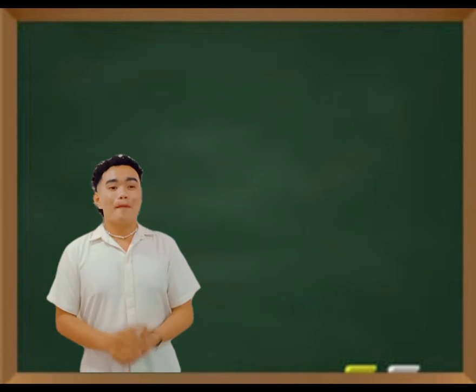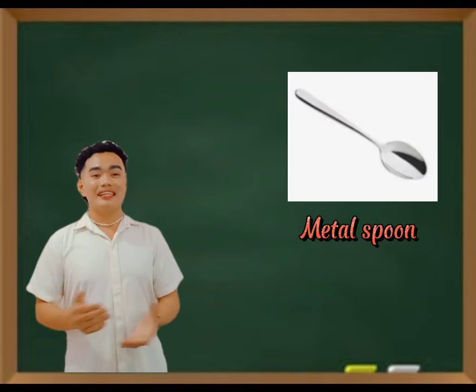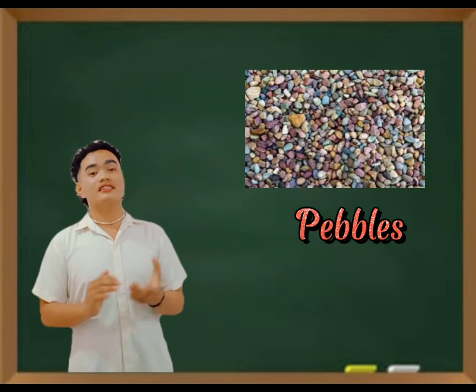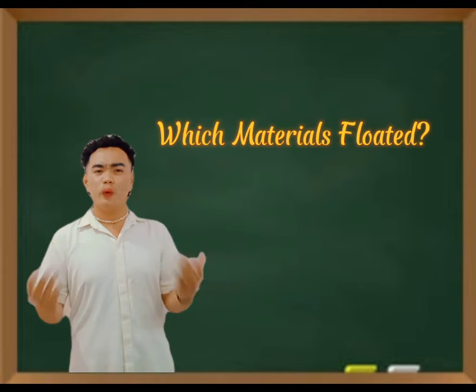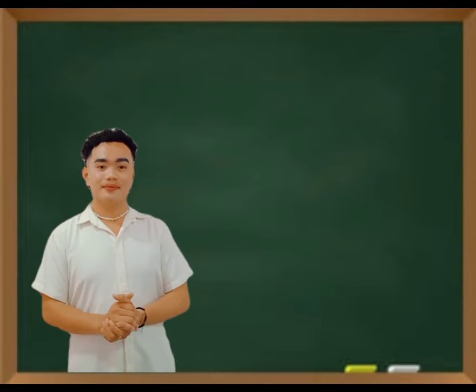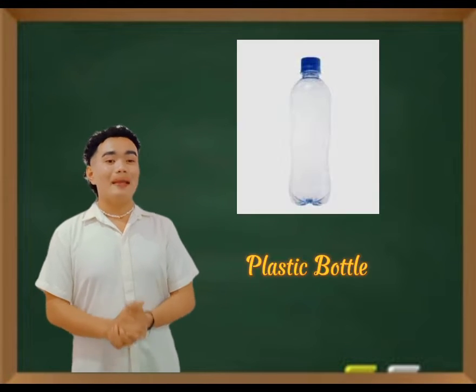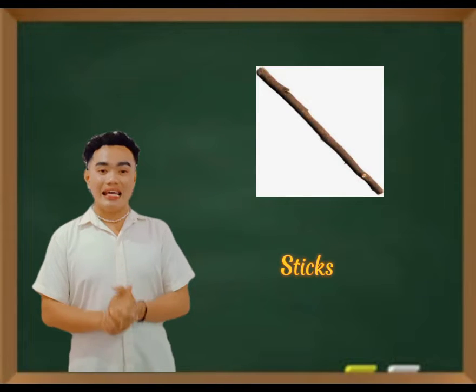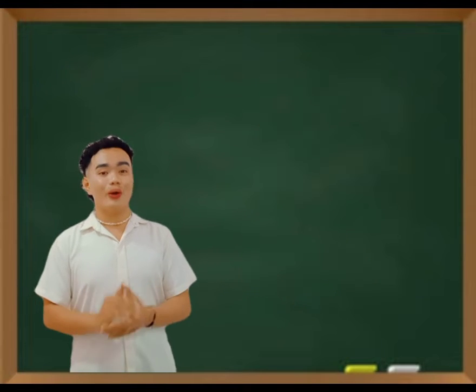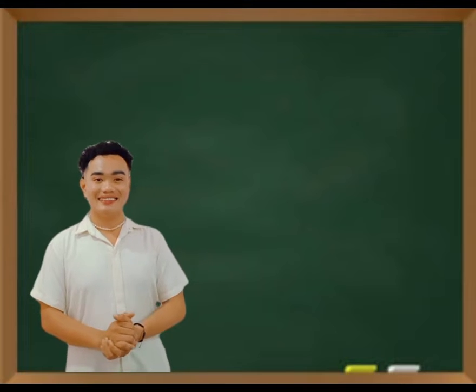Very good. Plastic fork, metal spoon, coin, nail, and pebbles sank into the water. And which materials floated? Very good. Plastic bottle, sticks, straw, leaf, and rubber ball can float on the water.